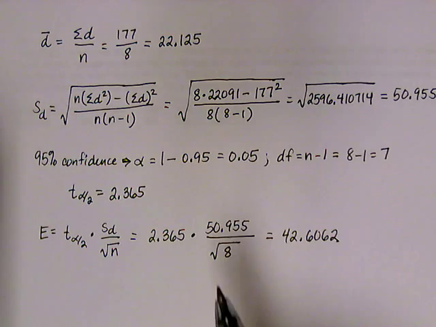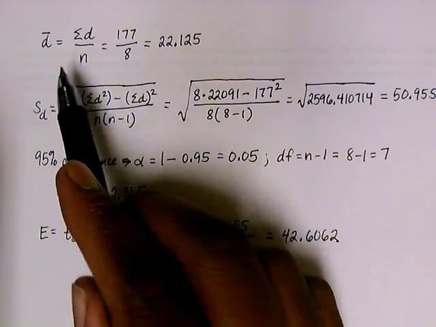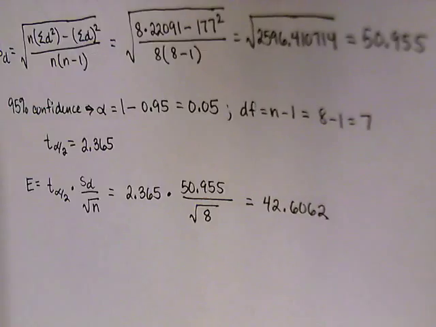Okay. Now I know what the margin of error is. I know what D bar is. Those are the two pieces of information I need to construct my confidence interval.